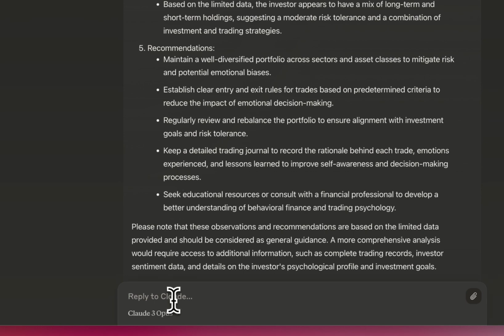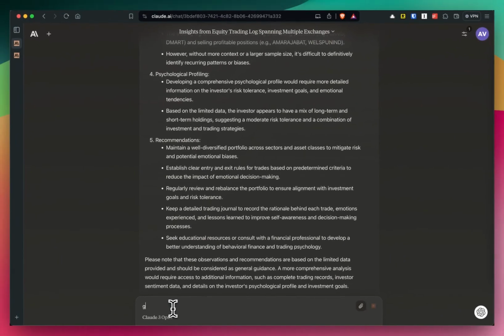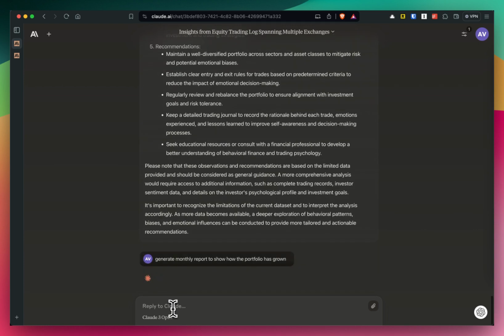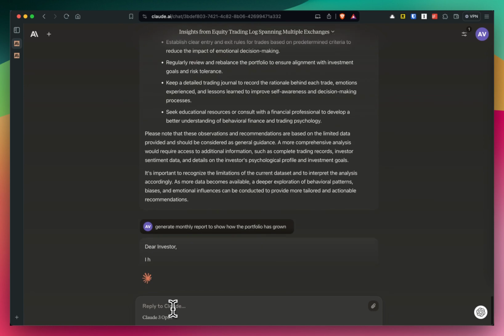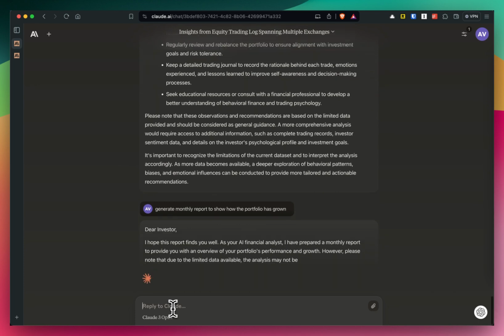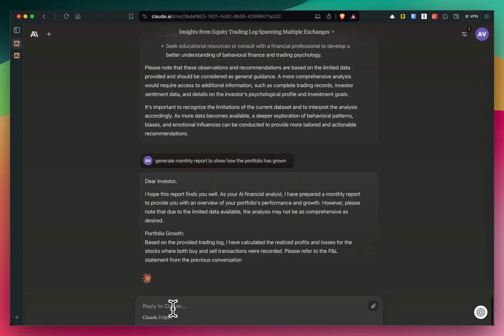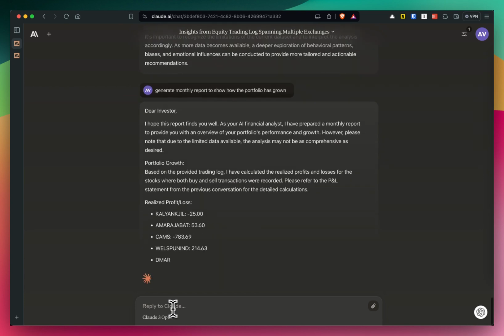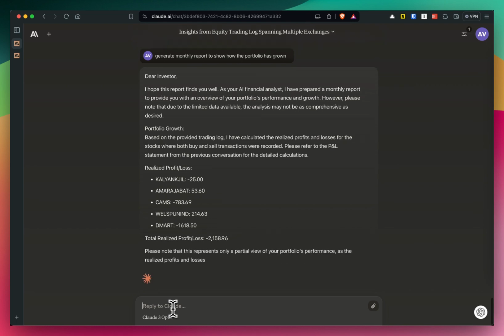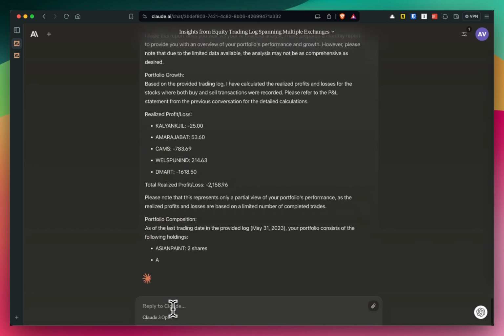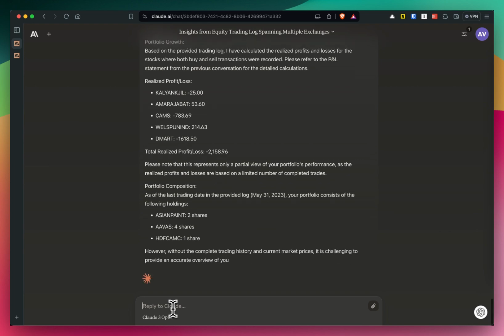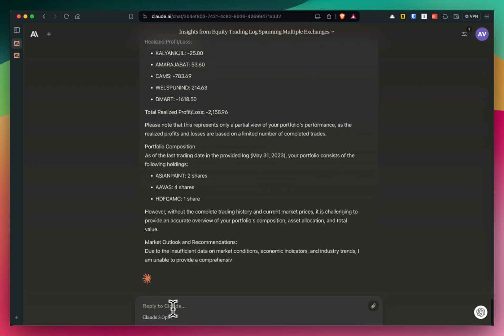You can ask it to perform actions out of the prompt also, like generate a monthly report to show how the portfolio has grown, and it'll now get into numbers and start aggregating data on its own. Although it's very difficult to say which LLM would be able to do that or not, sometimes it would be very challenging to get real aggregation done by LLMs.